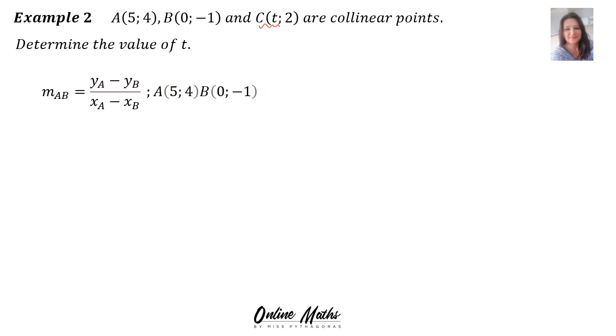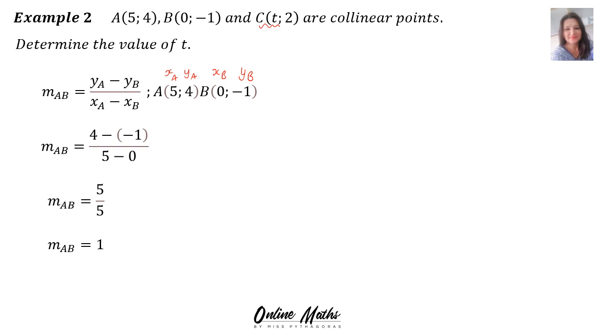So we can start by working out the gradient between points A and B. So we've got the x of A, the y of A, the x of B, the y of B into the gradient formula. It's 4 minus (-1) over 5 minus 0. And then the gradient for AB is equal to 1.